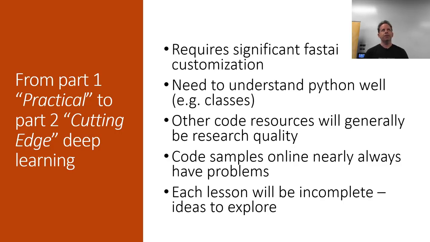So be careful of taking code from online resources and assuming that if it doesn't work for you, you've made a mistake. This kind of research level code is just good enough that they were able to run their particular experiments every second Tuesday or something. So you should be ready to do some debugging, and so forth.